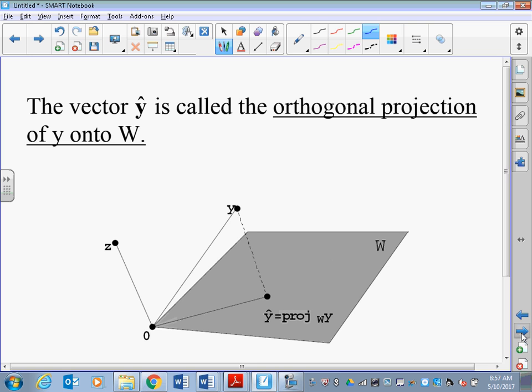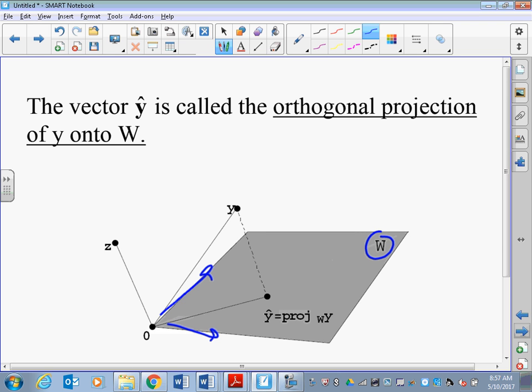So y hat is, again, the orthogonal projection of y onto W. But in this case, we have two vectors, right? In the last section, we just had one vector for that orthogonal projection. So W is made up of these vectors, whatever those vectors are.